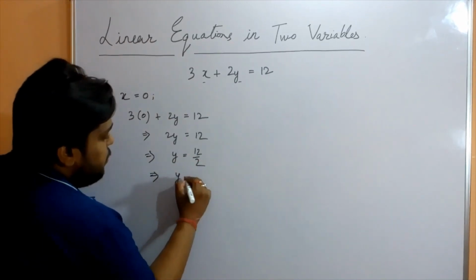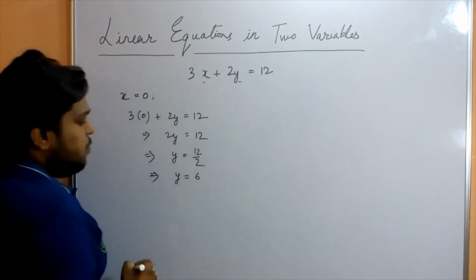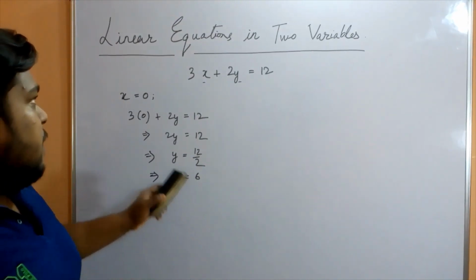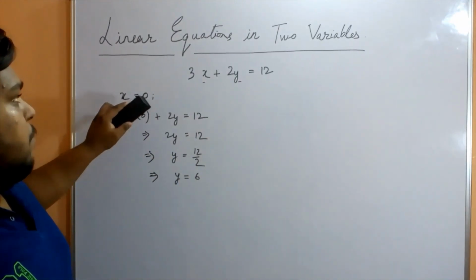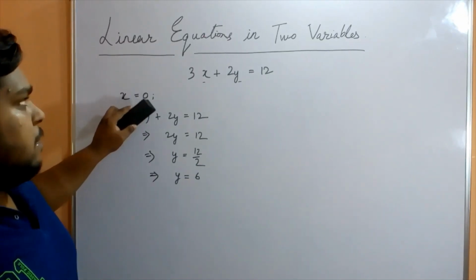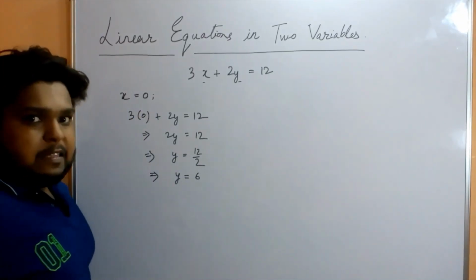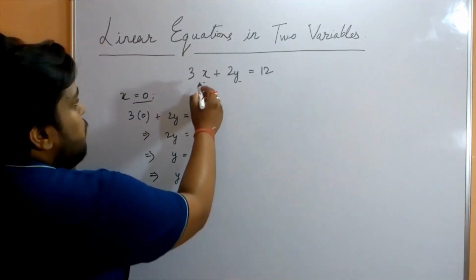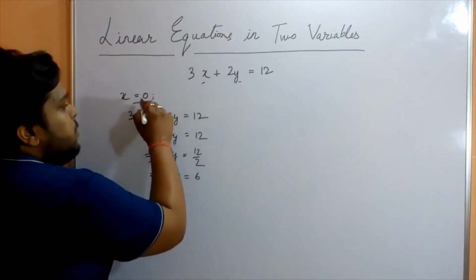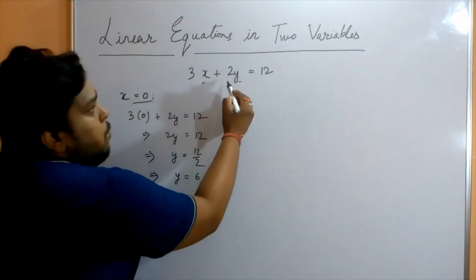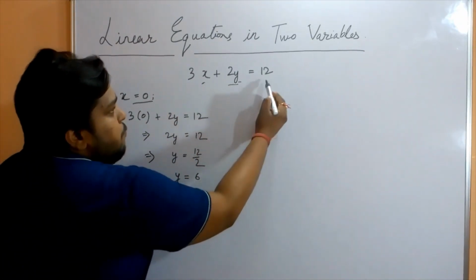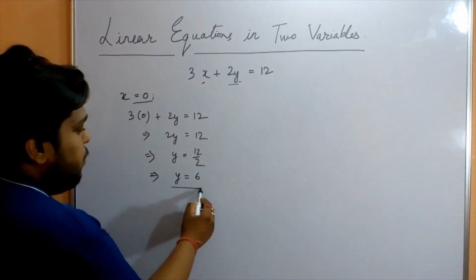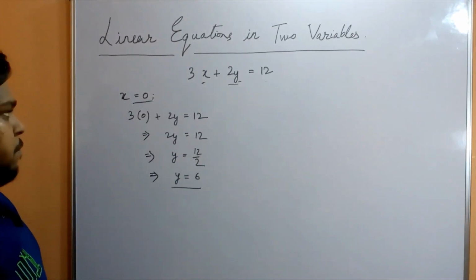Simplifying it further, we get y equal to 6. What does this mean? If you don't buy any pencil, then the cost of pencils will be 0, right? So you only bought 2 erasers which cost 12 rupees, which means the cost of one eraser is 6 rupees.